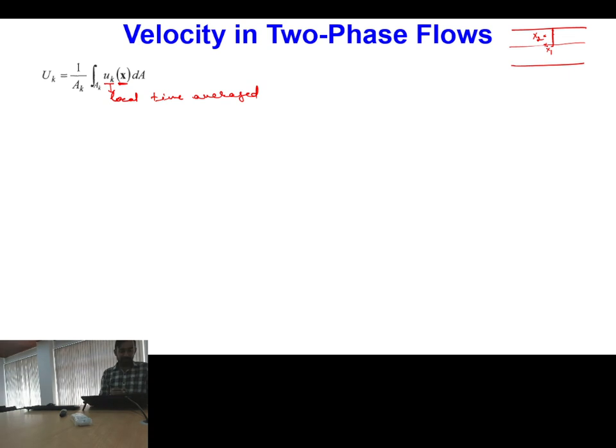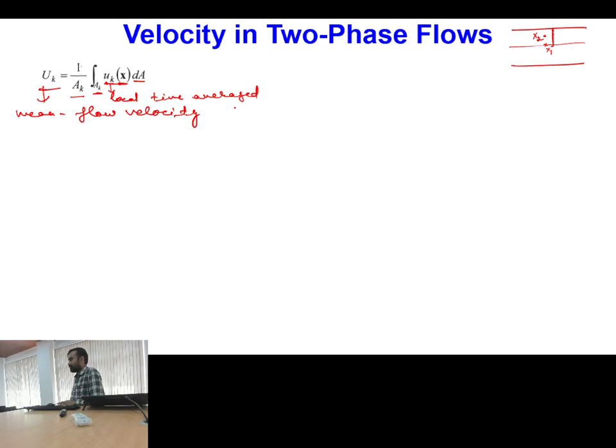Okay, so if I know the value of local time averaged velocity at each and every point, then I can integrate it over the cross sectional area, and if I divide by the cross sectional area, that will give my mean flow velocity. Is this point clear? So how local velocity and mean flow velocity are interrelated is shown over here.